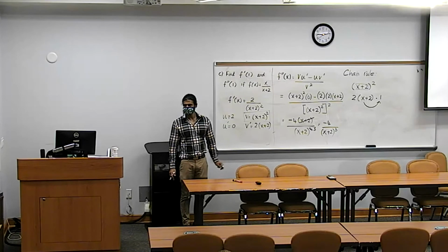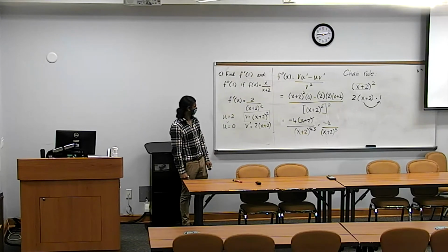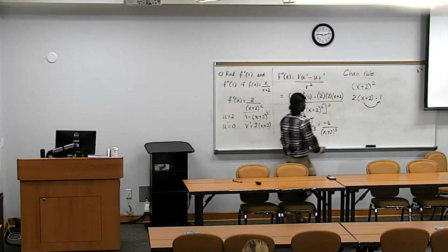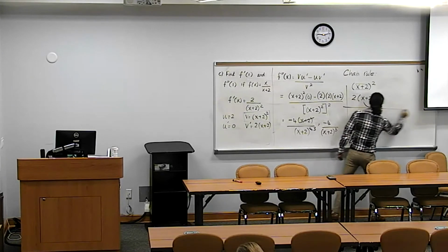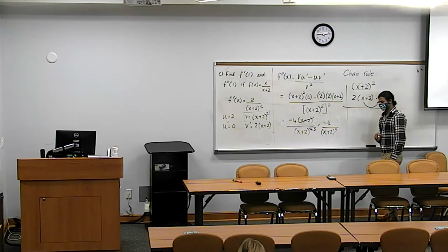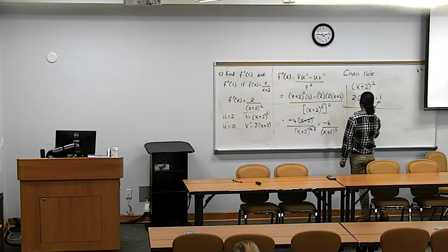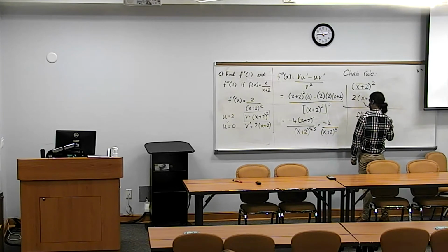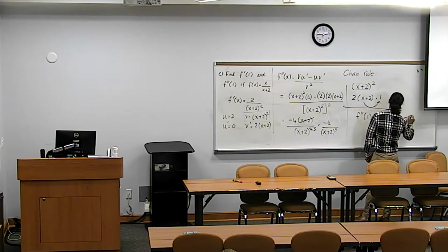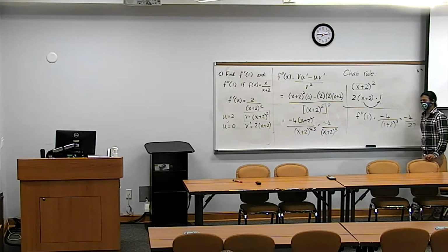Yes? Now we plug in the value 1 because the second derivative is negative 4 over x plus 2 cubed. So f double prime of 1 would be negative 4 over 1 plus 2 cubed. 3 cubed is 27.